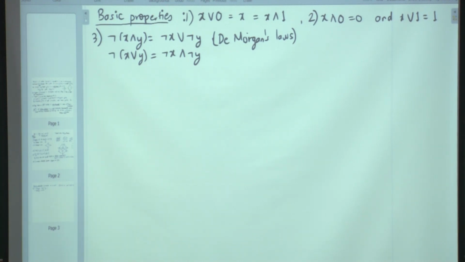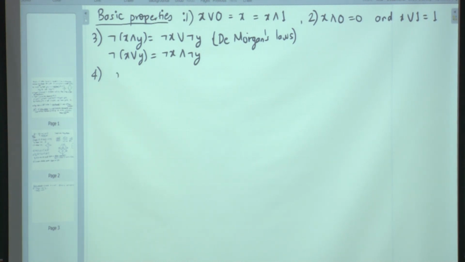Then we also have some other properties. Yes, fourth property. Because it's a lattice, we can define less equal. When is x less equal y? If x meet y is x, or x join y is y. Okay, good.